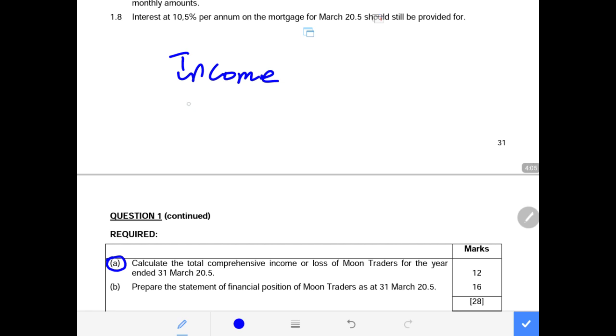We say income, and after that we say less expenses. In this case, there will be no cost of sales, because we don't buy a product at a cost and sell the product. So there is no cost of what we are selling, but we only have incomes and expenses. Why so? Because we are not a trading entity. That means we don't buy and sell goods, but we make money through the rendering of the service.